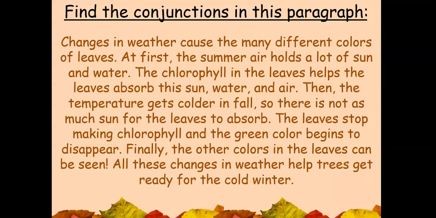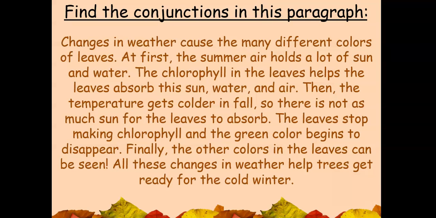So at this time, I want you to look at the paragraph and see where you can identify some conjunctions, or where you can use some conjunctions to combine the sentences. So here it says find the conjunctions in this paragraph, but basically you are also going to be looking at where you can add some conjunctions to it.